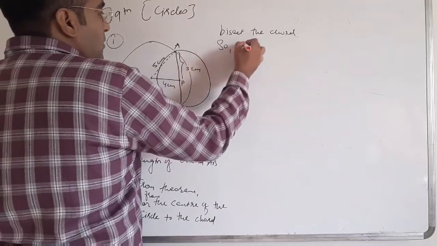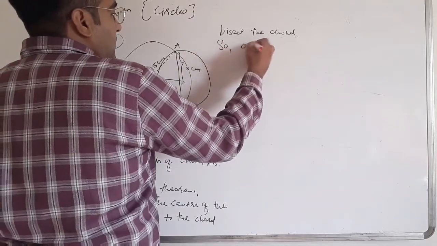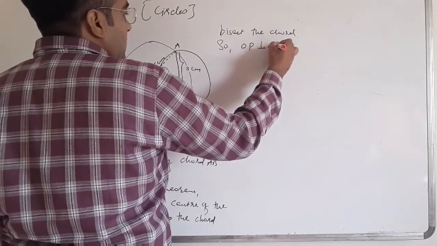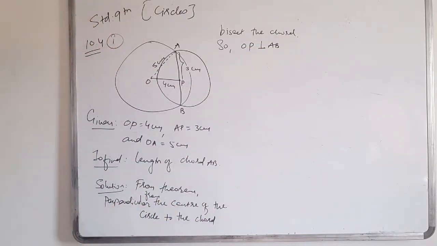So OP is perpendicular to AB. That's why we have to write that OP is perpendicular to AB.